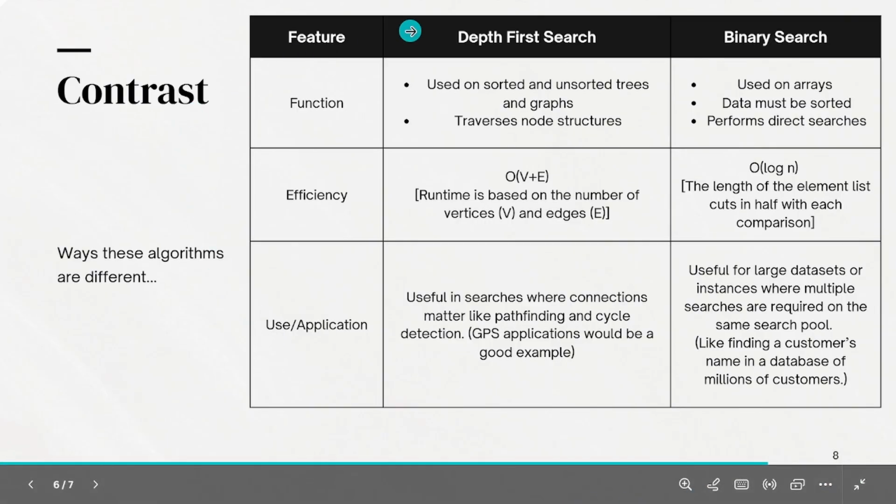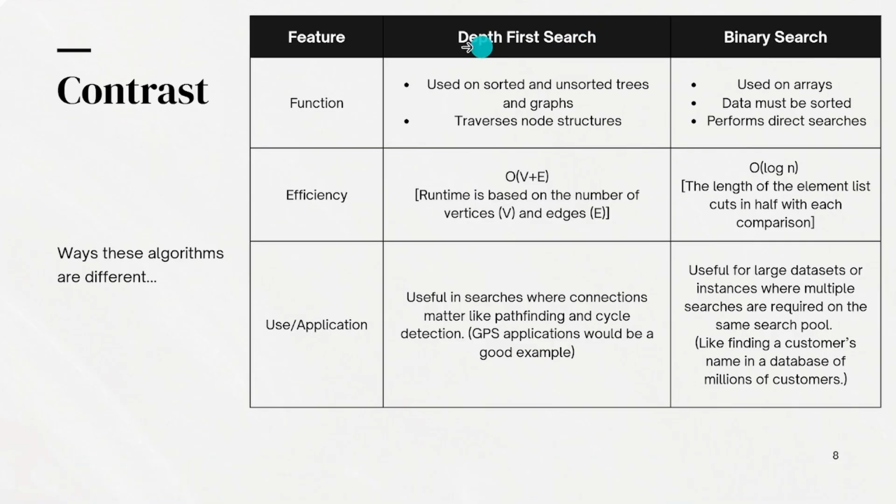And so while we are on the topic of differences, we'll take a look at some of those as we contrast these two algorithms. When it comes to a depth-first search, the functionality of it is going to be in its use. It is used on sorted and unsorted trees and graphs. What it does is traverse node structures from node to node, identifying appropriate pathways to take.